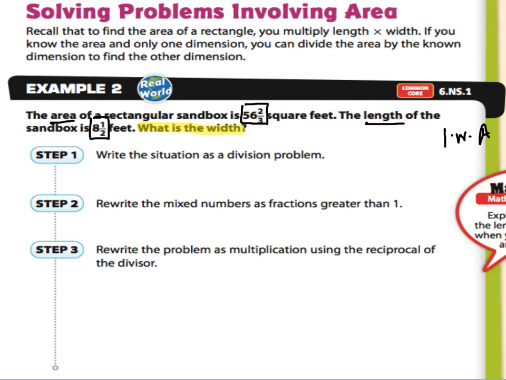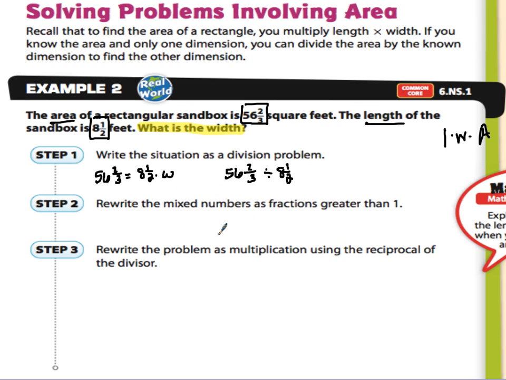Right, so as a multiplication problem, this would look like 56 2/3 is equal to 8 1/2 times whatever the width is. So to help us solve that, I know that if I take my area, which is 56 2/3, and divide it by my length, that should give me my width.